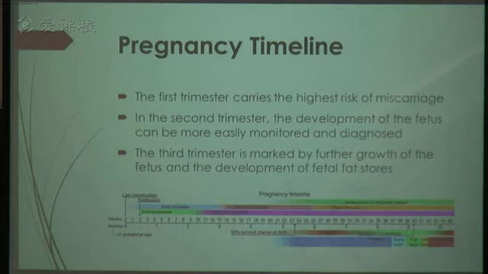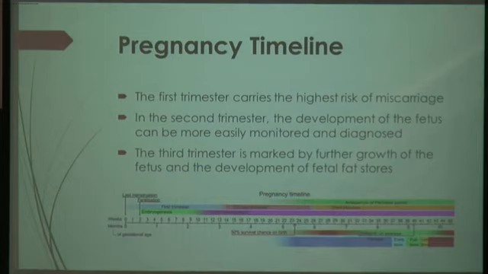The first trimester carries the highest risk of miscarriage, which means if some of the tests are done in this period, they may carry a slight risk of miscarriage. In the second trimester, the development of the fetus can be monitored more easily without sacrificing the miscarriage risk.